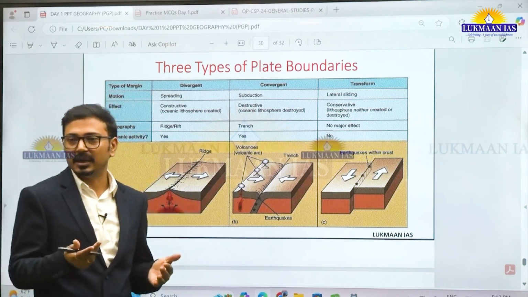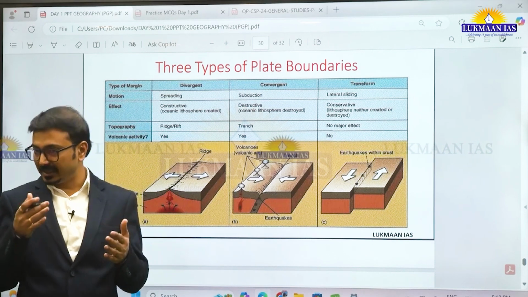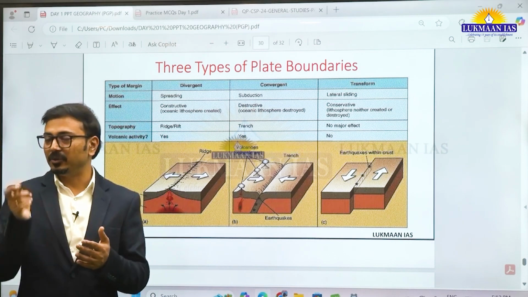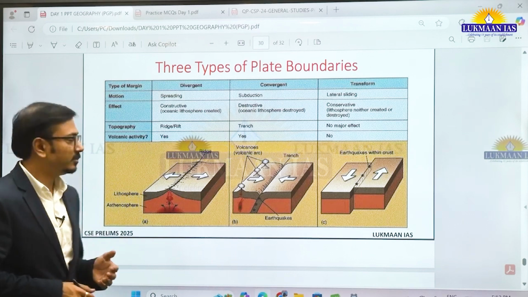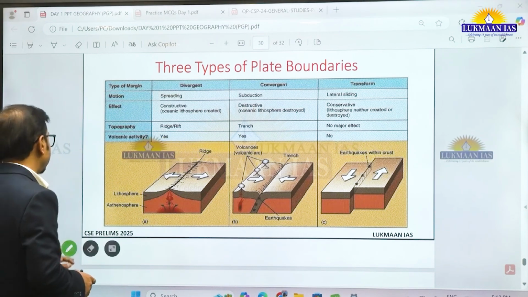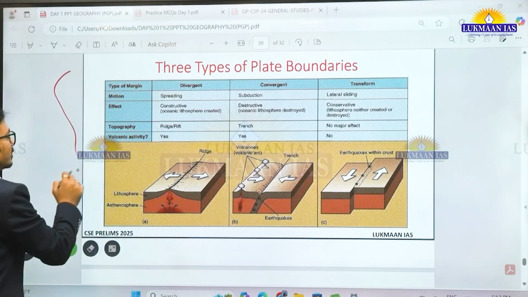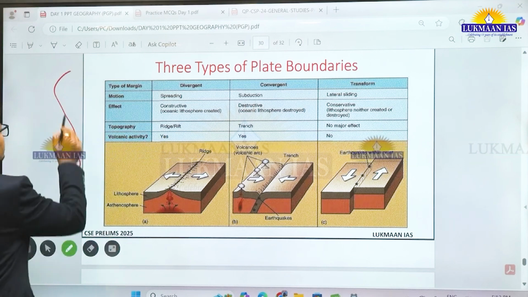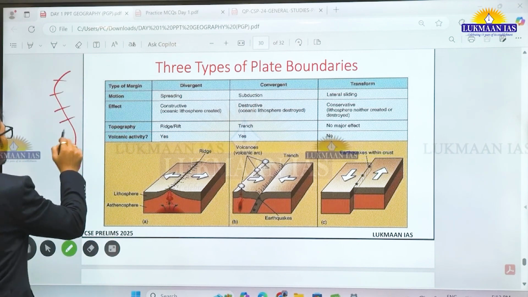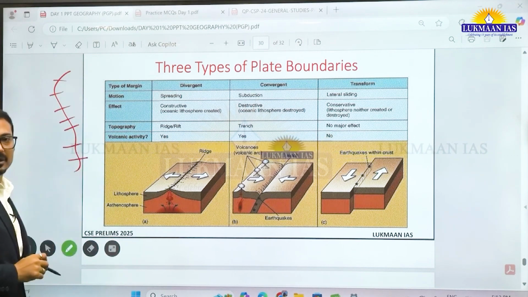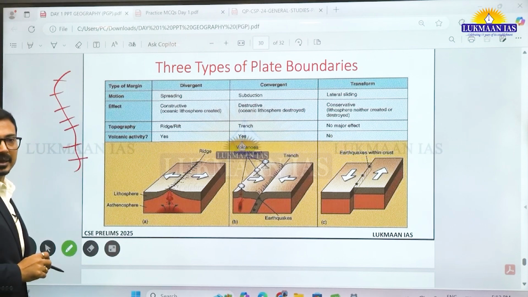Transform boundaries are largely found along the mid-oceanic ridge region and they are perpendicular to the mid-oceanic ridge. Let's say this is the mid-oceanic ridge. This is how transform boundaries are formed. ऐसा क्यों तैयार हुआ है?